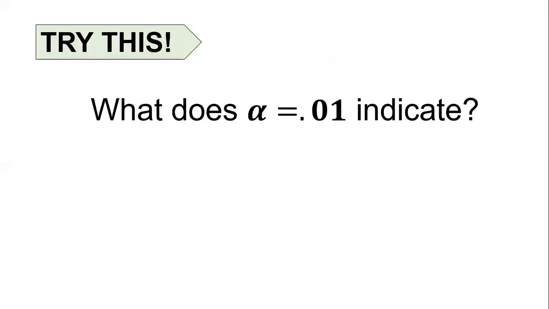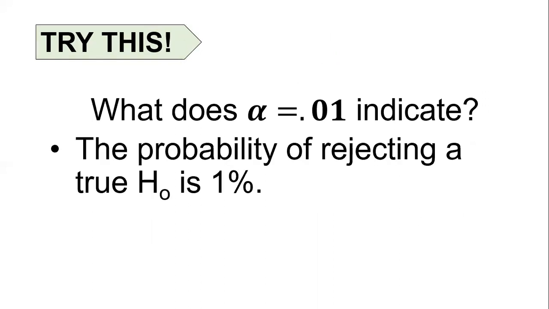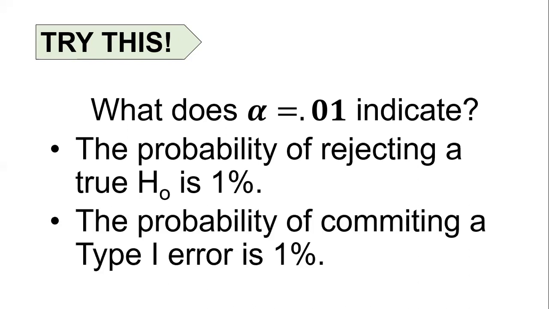Now try this. What does an alpha of 0.01 indicate? If you convert 0.01 to percent, you move the decimal point to the right 2 times and attach the percent symbol. So you get 1%, right? This means the probability of rejecting a true null hypothesis is 1%. Or it could mean that the probability of committing a type 1 error is 1%.